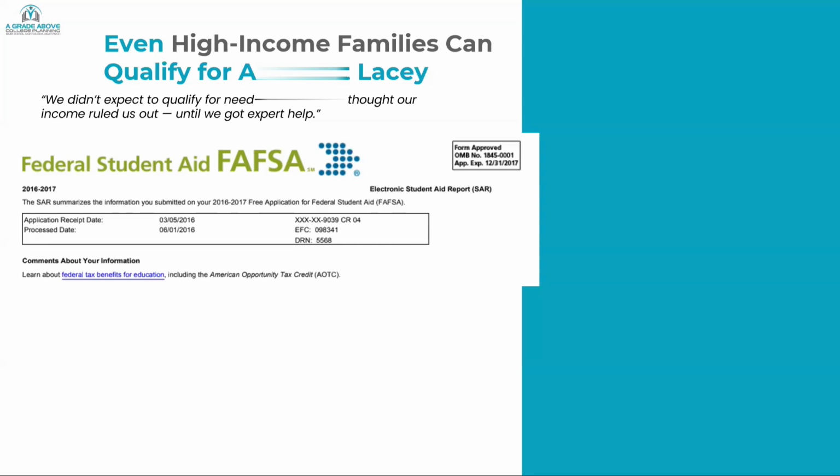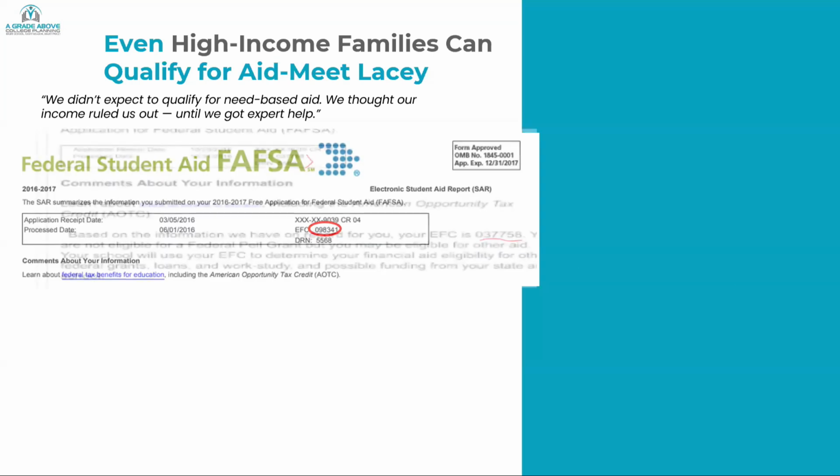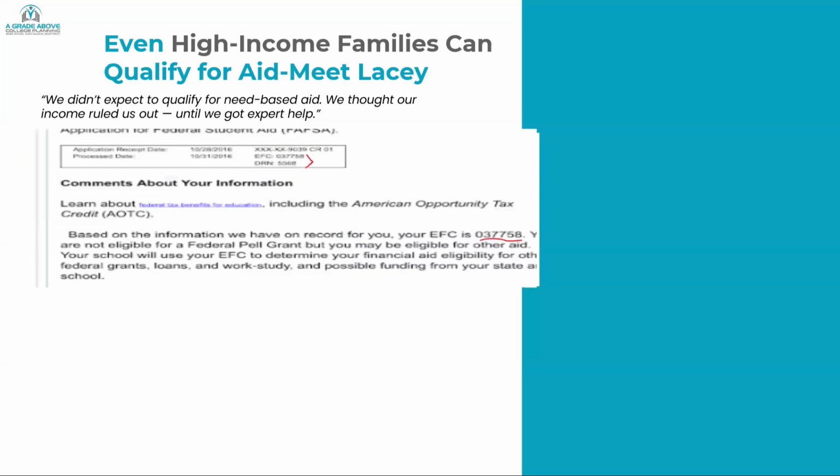But just notice the FAFSA right here. The SAR is saying what the student is eligible for. So right here, the EFC, as we used to call it, was about $98,000, but that was highly inflated. I had the opportunity to meet with this family and consult with them, and we noticed that they made some costly mistakes.